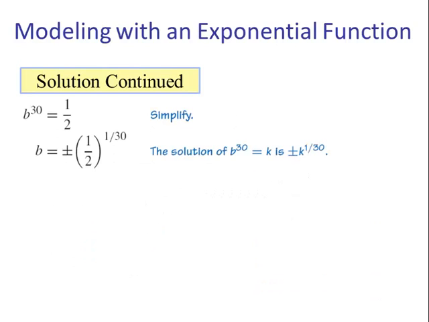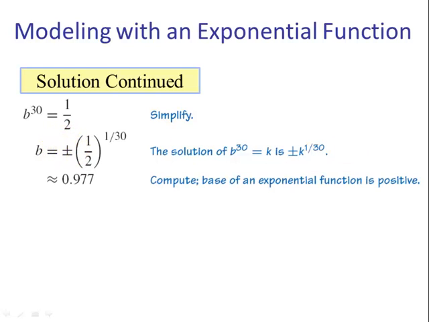Next we need to raise both sides to the 1/30th power, and because 30 is an even number, we have a plus and a minus, so that equals 0.977. And because in exponential functions the base is always positive, we can drop off the negative. So the equation is the same.